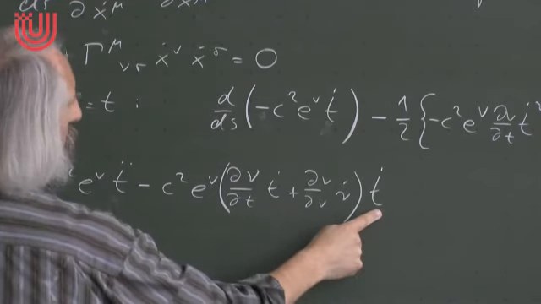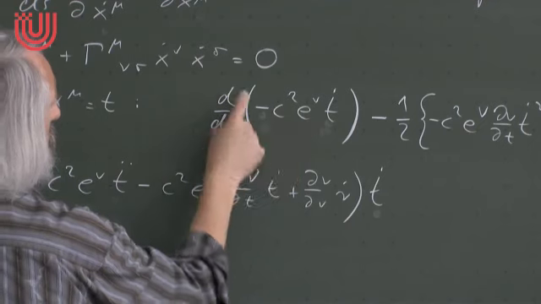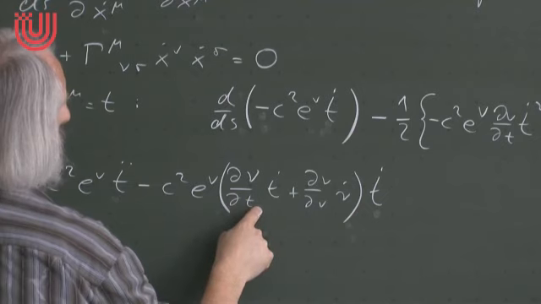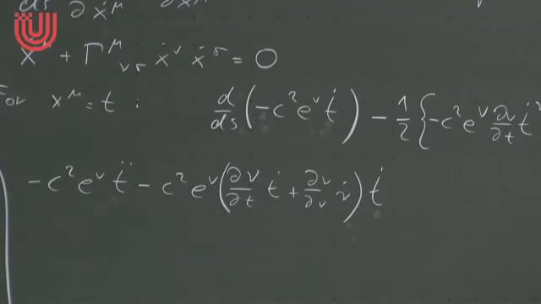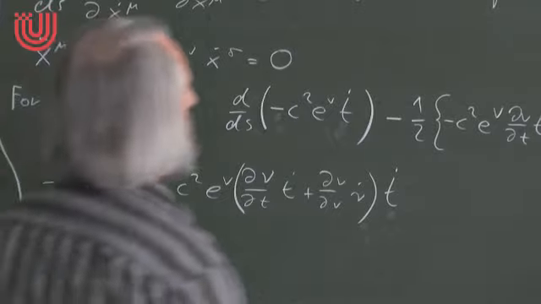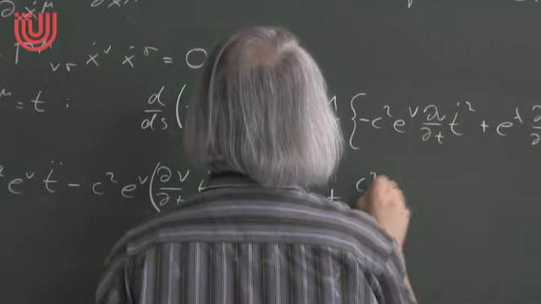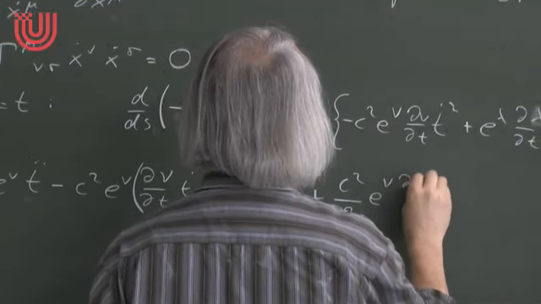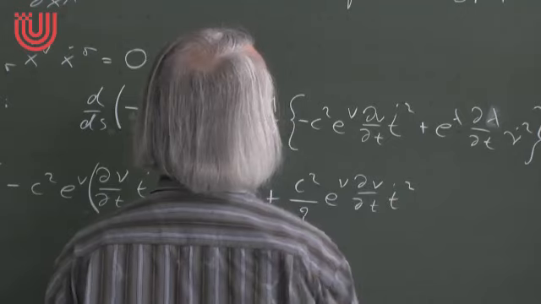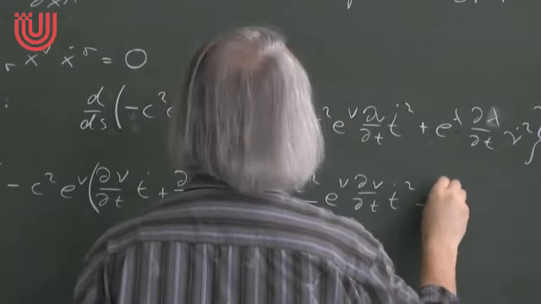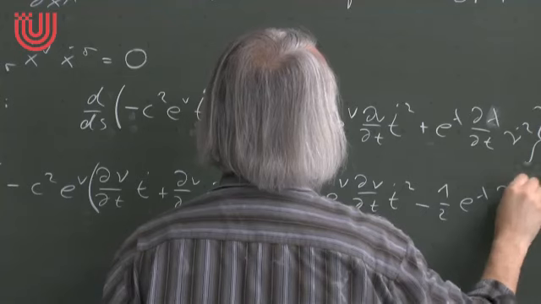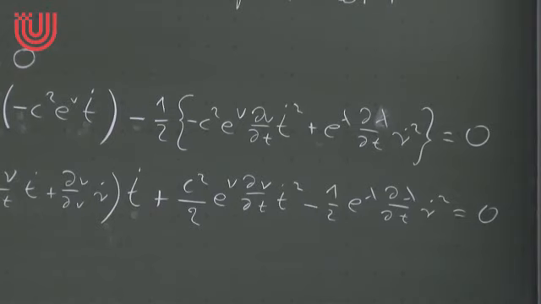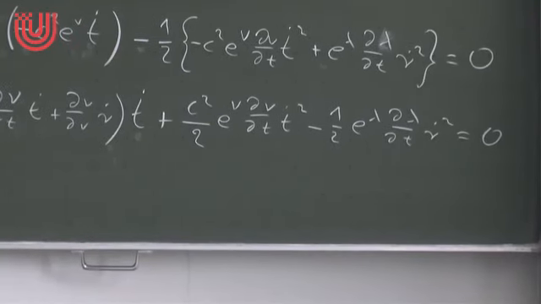And then I let the t dot constant and differentiate this with respect to the curve parameter s. I do this with the chain rule, right? d nu by dt t dot, d nu by dr r dot. Okay, and here I just write the terms a little bit more conveniently: d nu by dt t dot squared minus 1/2 e to the lambda d lambda by dt r dot squared, and that's 0. So I want to solve for t double dot.